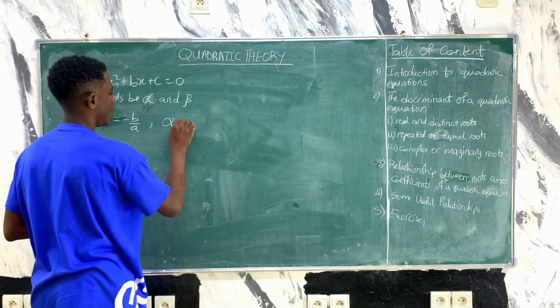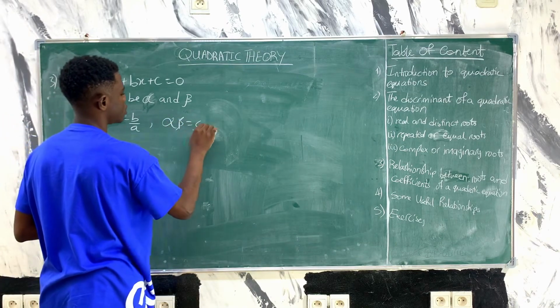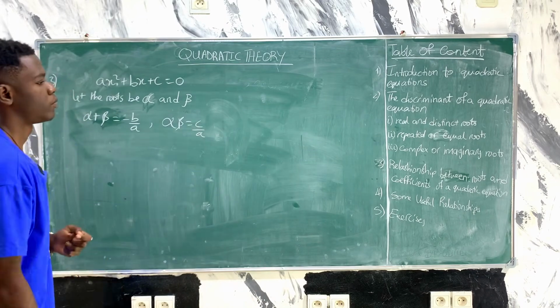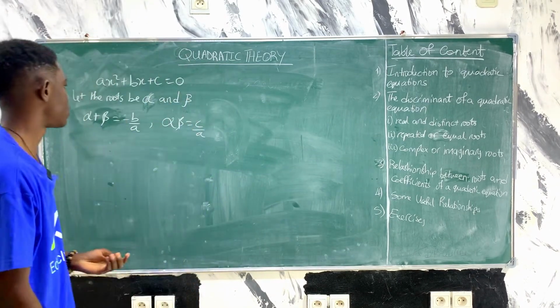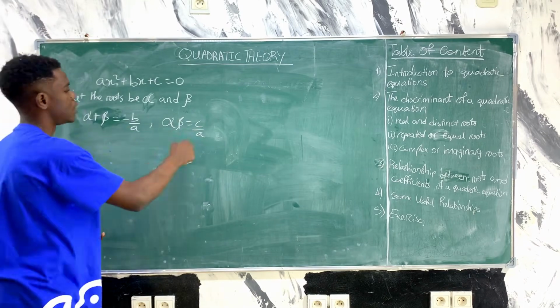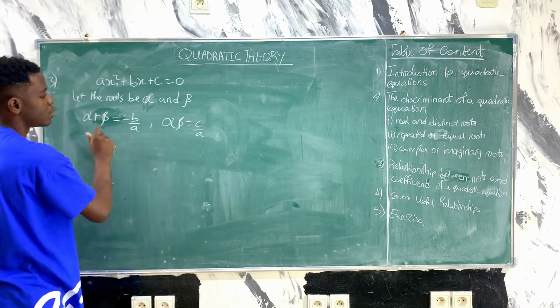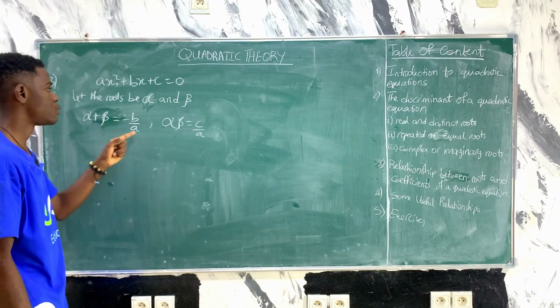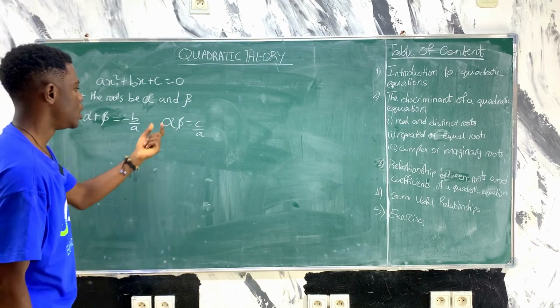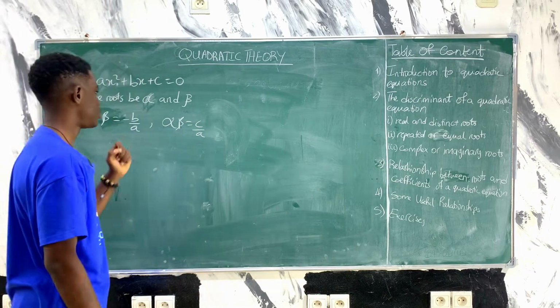Then alpha beta is equal to c on a. So that's the relationship between the roots and the coefficient of the quadratic equation. These are the coefficients and these are the roots. If you sum the two roots, you have minus b on a. If you do the product, you have c on a.